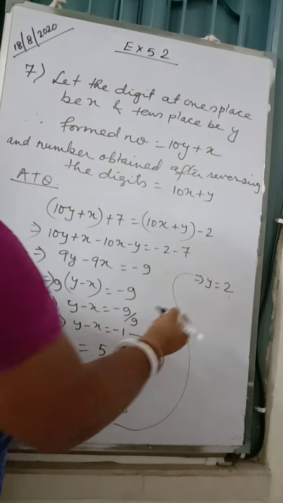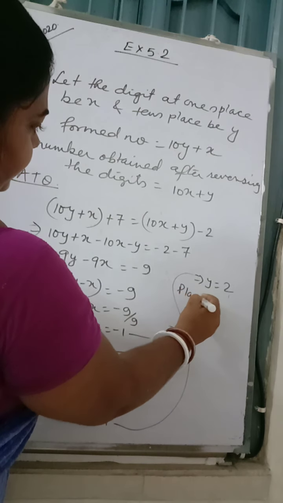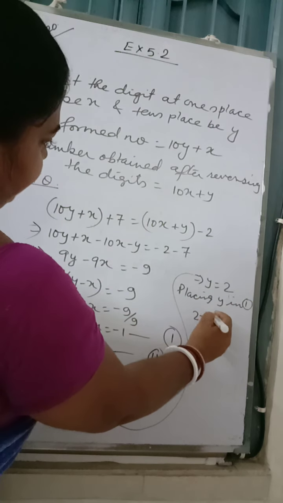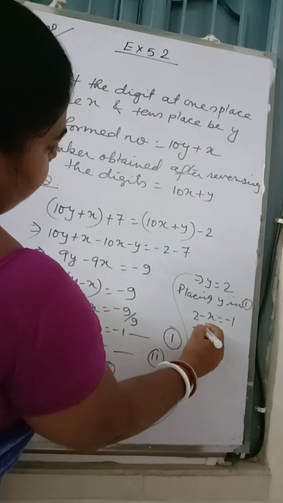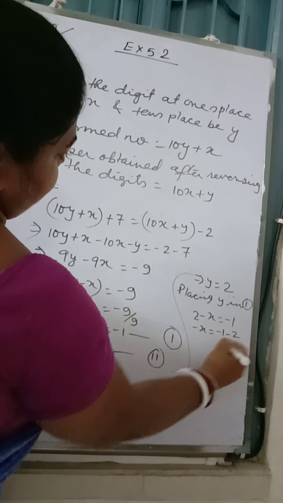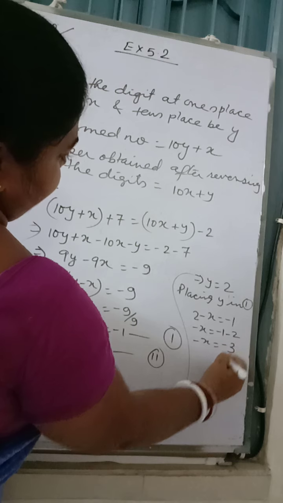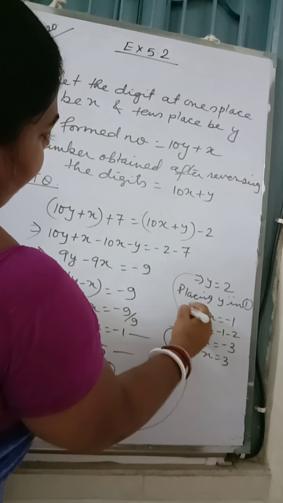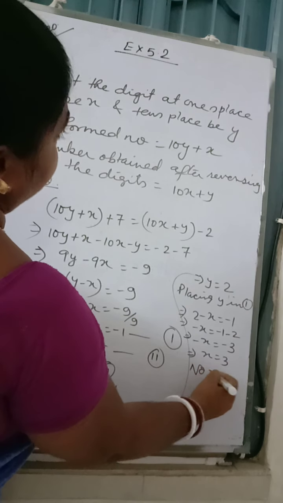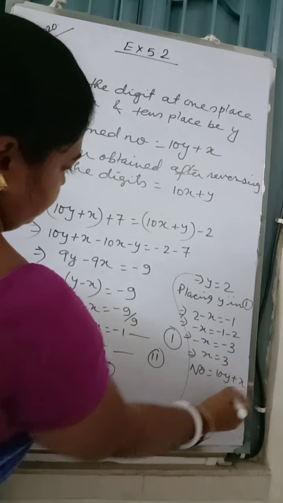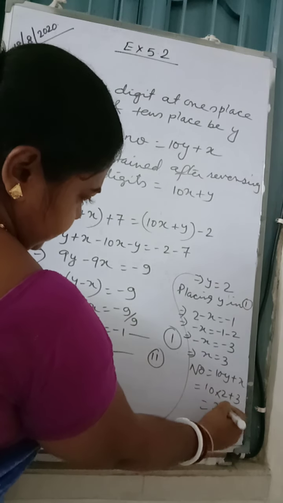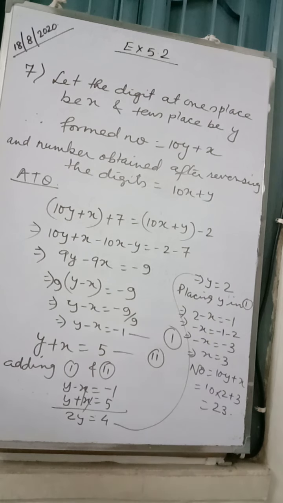Now placing y in 1: 2 minus x is equal to minus 1, minus x is equal to minus 1 minus 2, minus x is equal to minus 3, x is equal to 3. Now we have x and y, so the number is 10y plus x. So 10 into 2 plus 3 is 23.